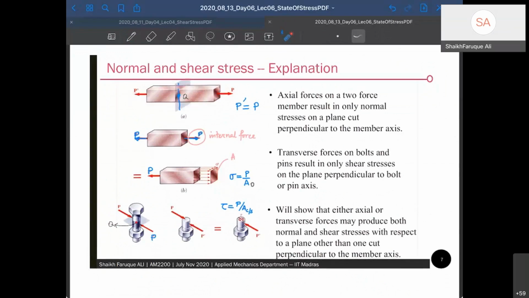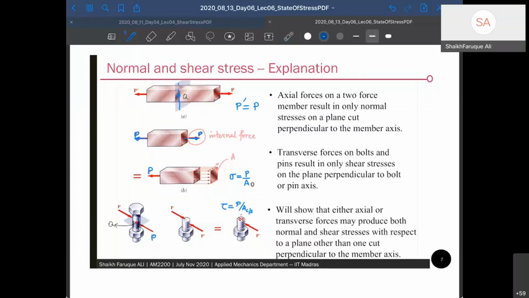If you take a cross section here around point P, you get the same force because it has to balance on both sides, P and P. The cross-sectional area at this location is A, and you assume the stress to be uniform because it is far away from the point of application of force. Then your normal stress is given by sigma equal to P by A0, if your area is A0.